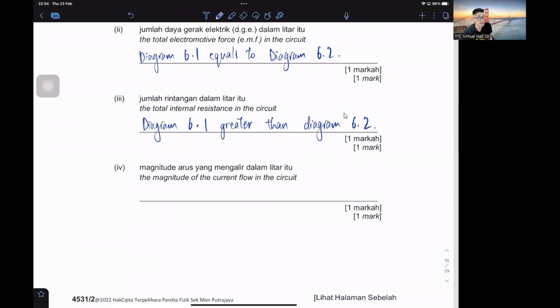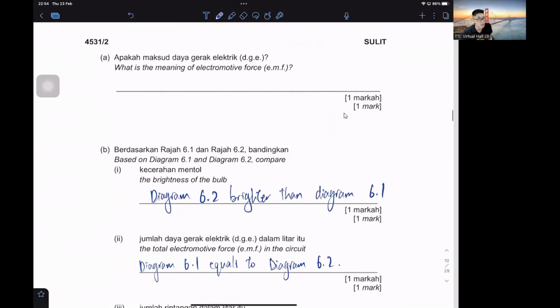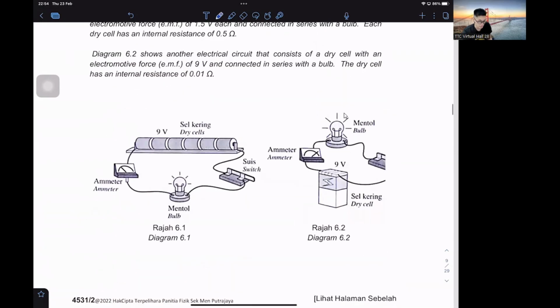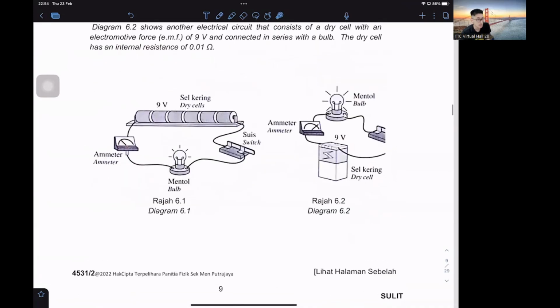Okay, and lastly, compare the magnitude of the current flow. So how to compare the magnitude of the current flow? Here they give you ammeter already. Ammeter is to measure current. So we assume ammeter always starts 0 from the left, and then 1, 2, 3, 4, 5 like that go to the right. So you see this is a low reading, this is a high reading. If not, then you will have to compare based on the brightness already.